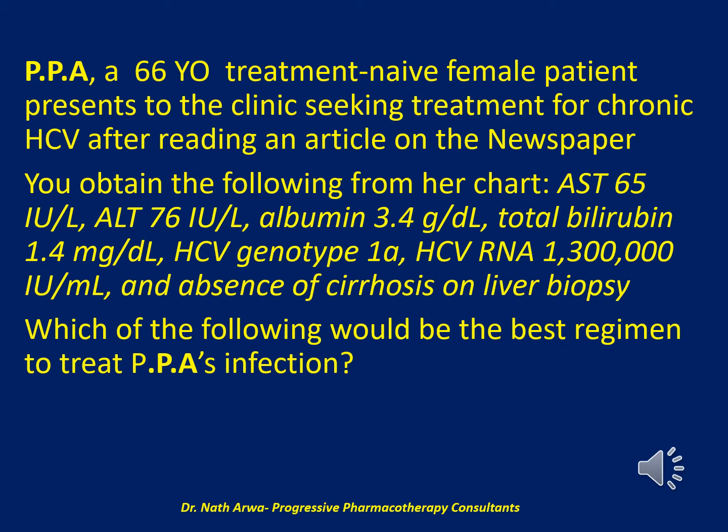You obtain the following from her chart: AST 65 international units per liter, ALT 76 international units per liter, albumin 3.4 grams per deciliter, total bilirubin 1.4 mg per deciliter, HCV genotype 1A, HCV RNA 1,300,000 international units per milliliter, and absence of cirrhosis on liver biopsy. So my question to you is, which of the following would be the best regimen to treat PPA's infection?